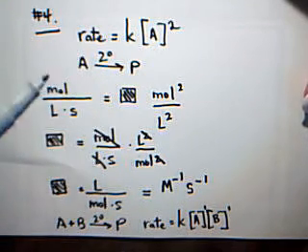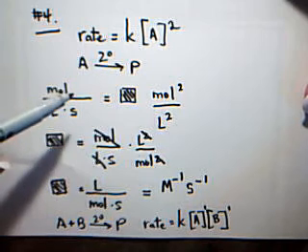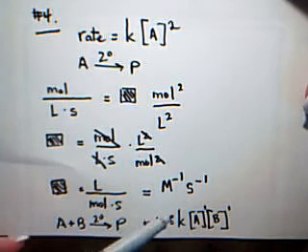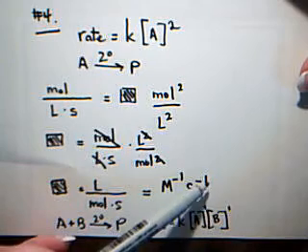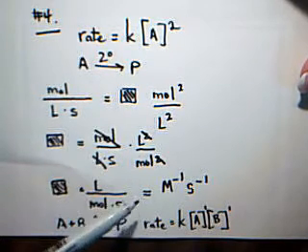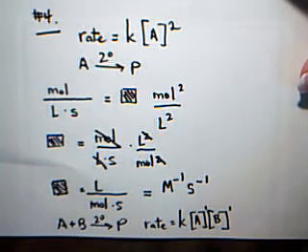So any second order reaction rate constant K will have units of molarity to the minus 1, seconds to the minus 1, and we showed that for the simplest case. Okay, so that's number 4.